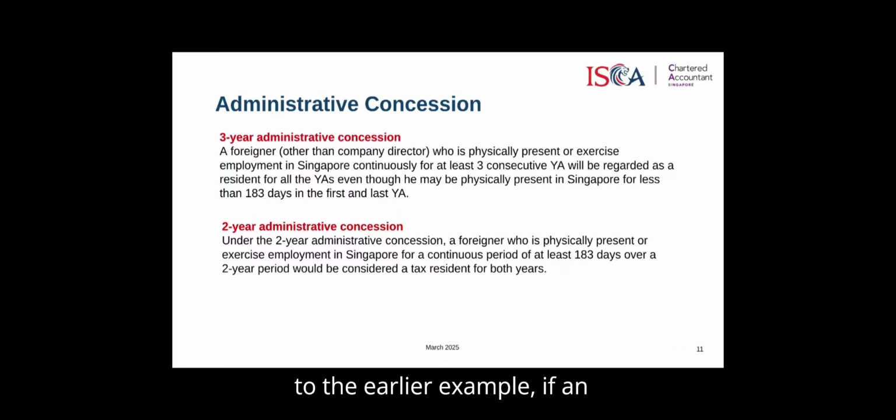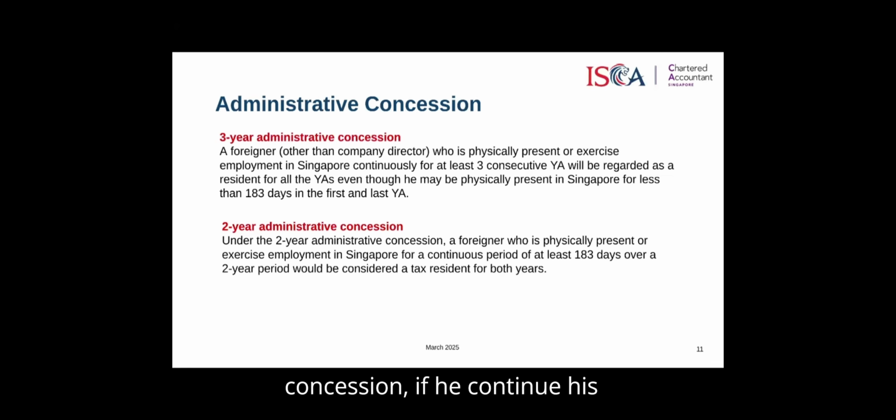Similar to the earlier example, if an individual started employment in October of last year and continued his employment into 2025, ordinarily, because his number of days in Singapore exercising employment last year is only 3 months, the foreigner would not be able to meet the 183-day threshold to be considered a tax resident.